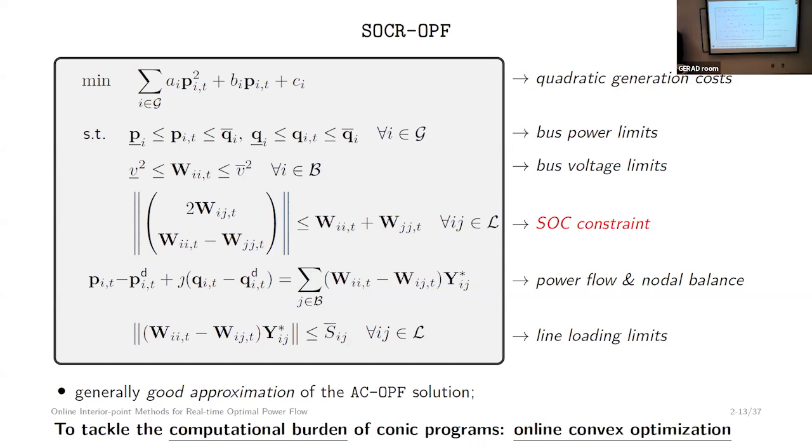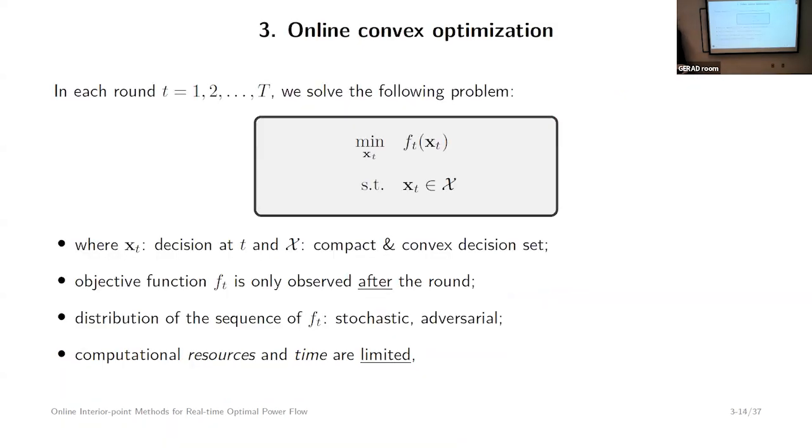If I want to solve it every 15 minutes, that'll be okay maybe, but if I want to do it every half a second, that'll be too much on a large scale power system. So that's where we connect it to online convex optimization as a way to actually solve it in real time. So let's define online convex optimization.